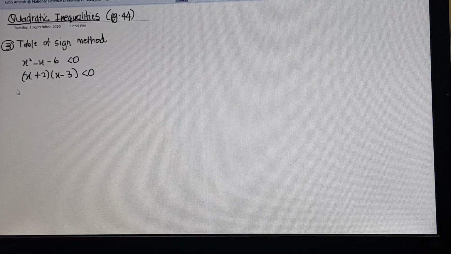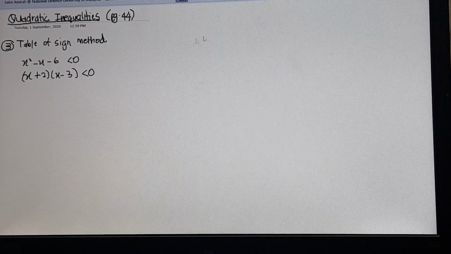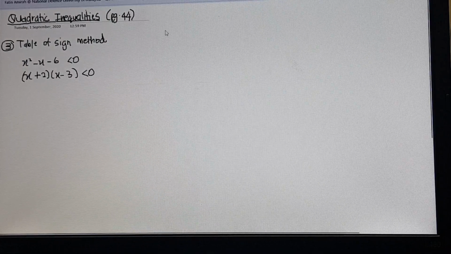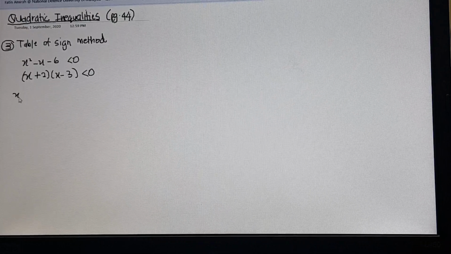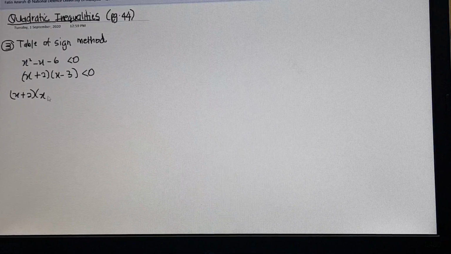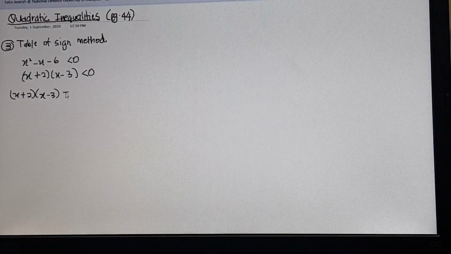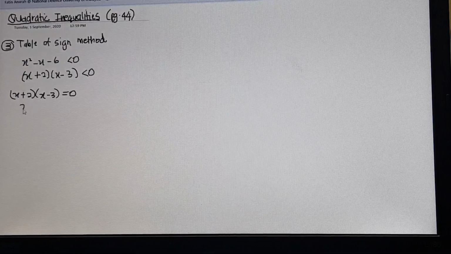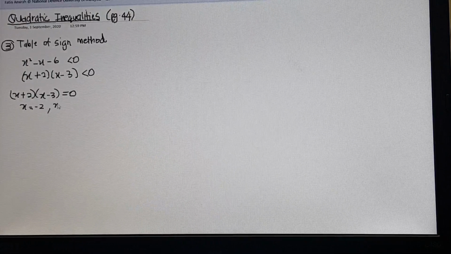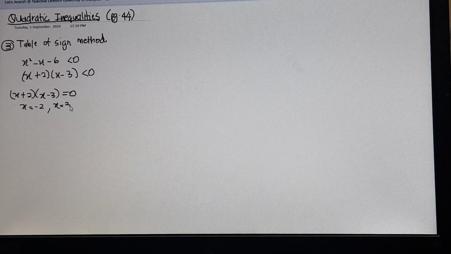Let's draw x plus 2 multiplied by x minus 3 equal to 0, because we want to get the points. So x equals negative 2, x equals 3.